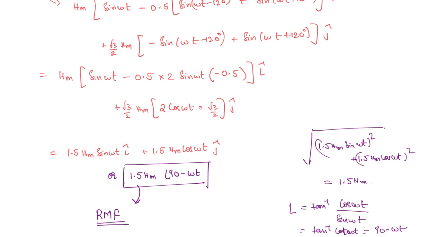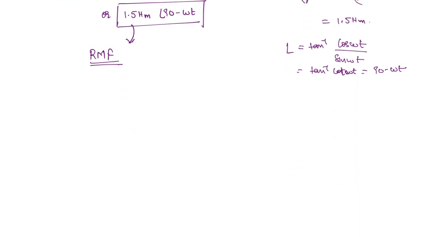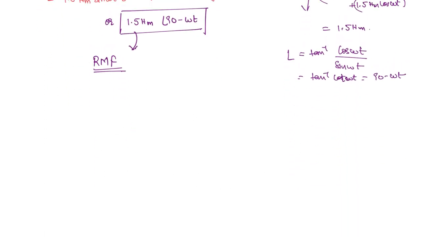If you substitute various values of time, then you will understand better. Consider the time t is equal to 0, or omega t is equal to 0 degrees. Then what will be the magnetic field? Just substitute omega t is equal to 0. You are going to get 1.5 Hm angle 90 degrees. So that means it will be at 90 degrees with a magnitude of 1.5 Hm.